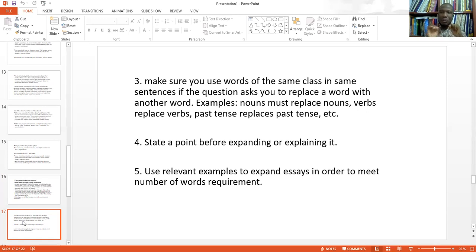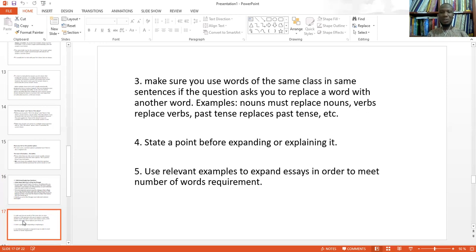I realized that most of the students, when they want to explain a point or when they are writing essays, go winding around a point, writing a lot of explanations, and even after reading and you ask them, what at all are you trying to say? They are not even able to pinpoint one thing.